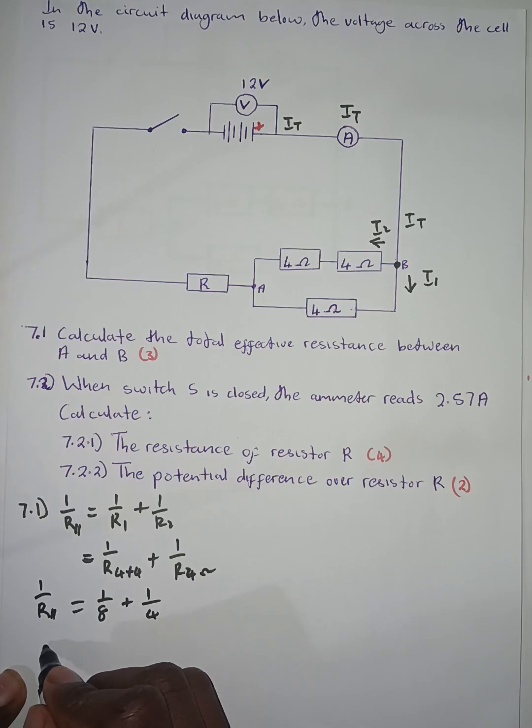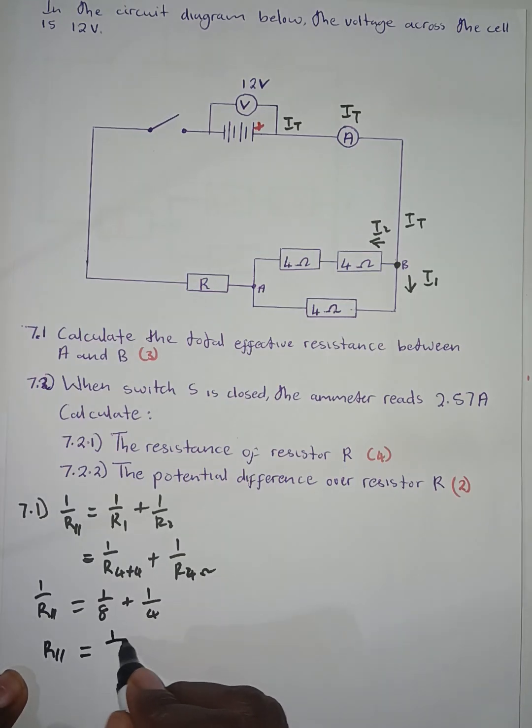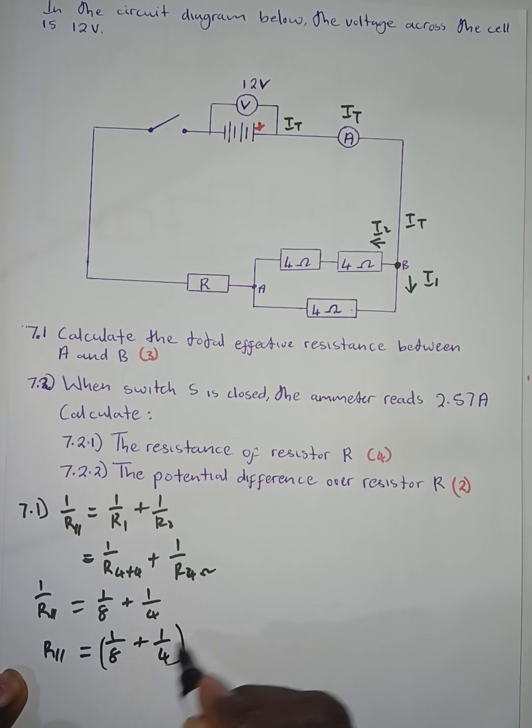And of course, to get our R parallel in this case, you take 1 over 8 plus 1 over 4, and of course we're going to invert that. If you put that in your calculator, you're going to get a value of 2.67.